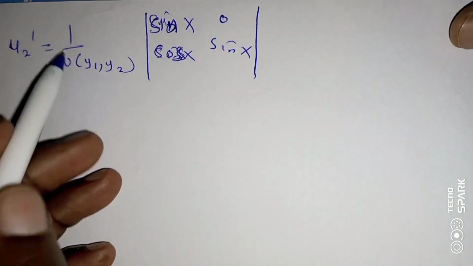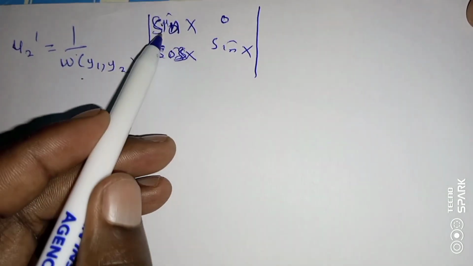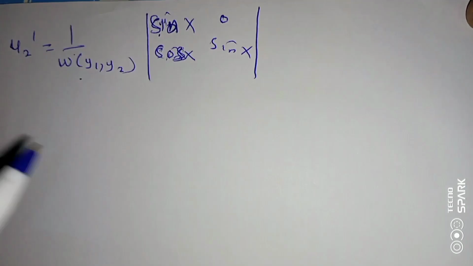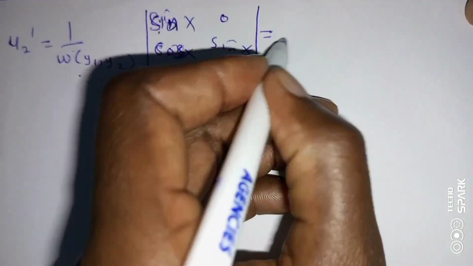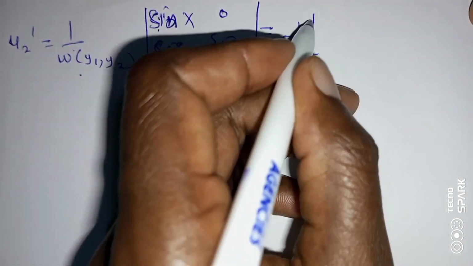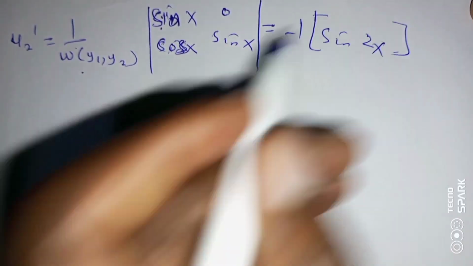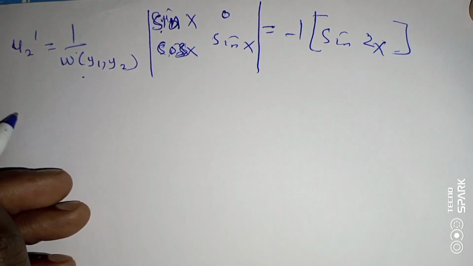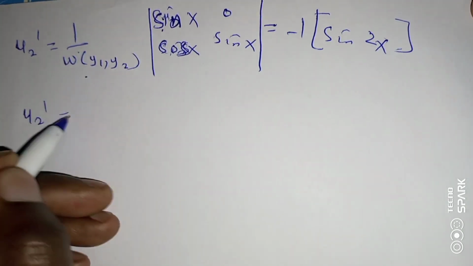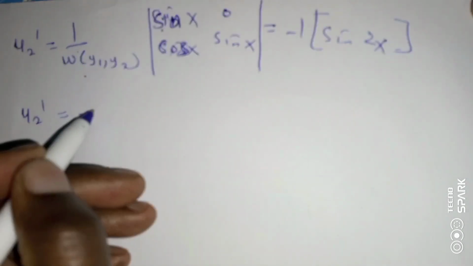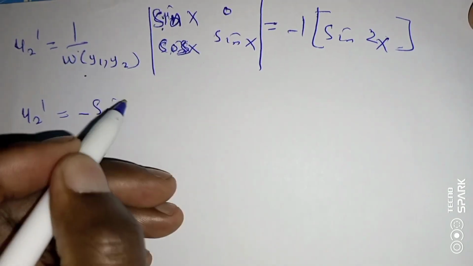Then from there, we determine u2 as follows. u2 prime will be given by 1 divided by the Wronskian, times the determinant of sine of x, 0; cos of x, sine of x, which is equal to -1 into bracket sine squared x. So u2 prime is equal to negative sine squared of x.